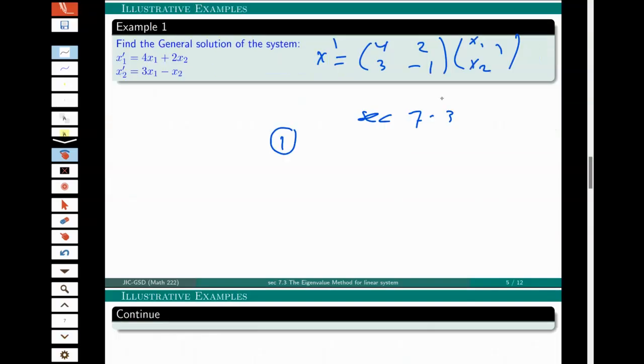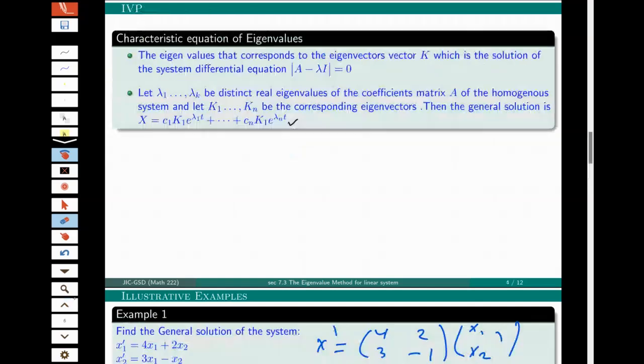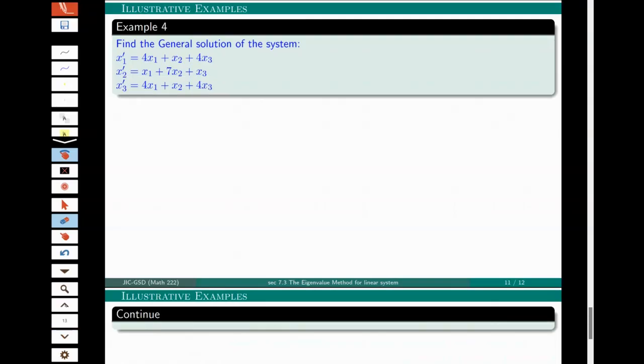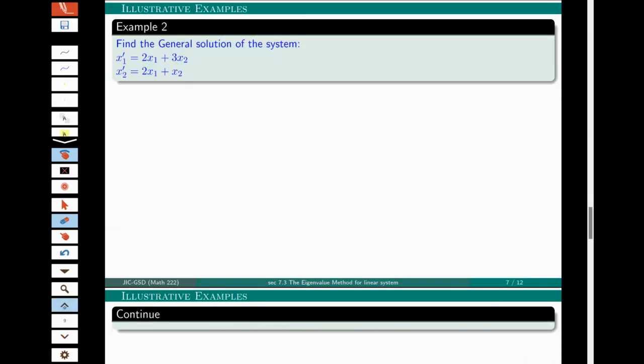Okay, now let me erase this one. It's supposed to be clean. Why is it not cleaning? Anyway, let me forget about that one.